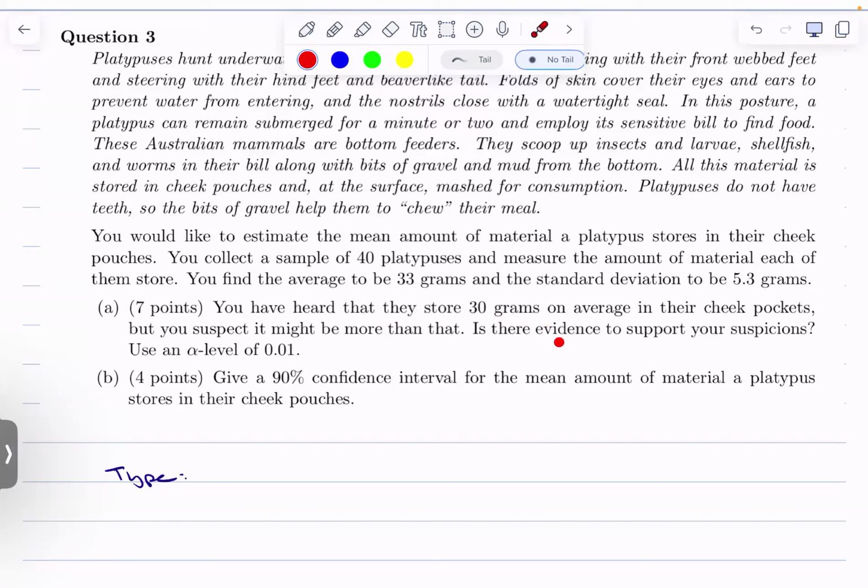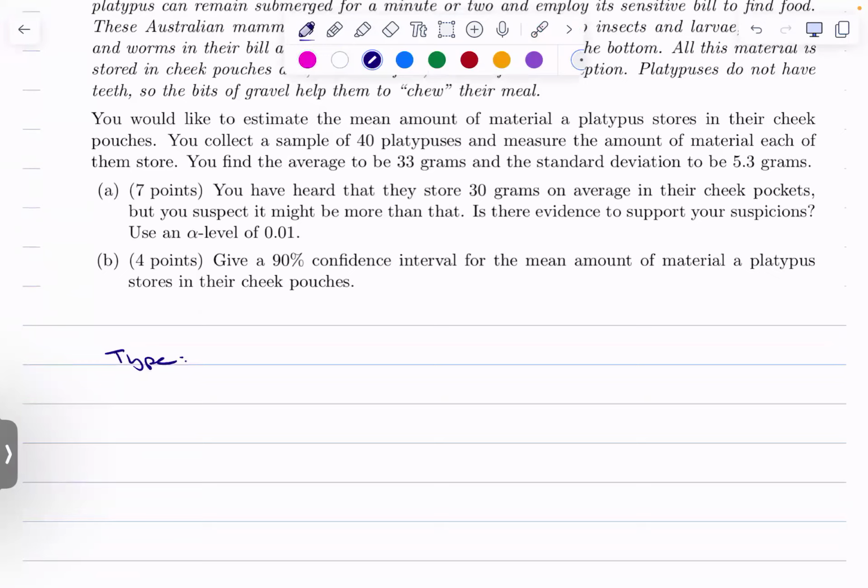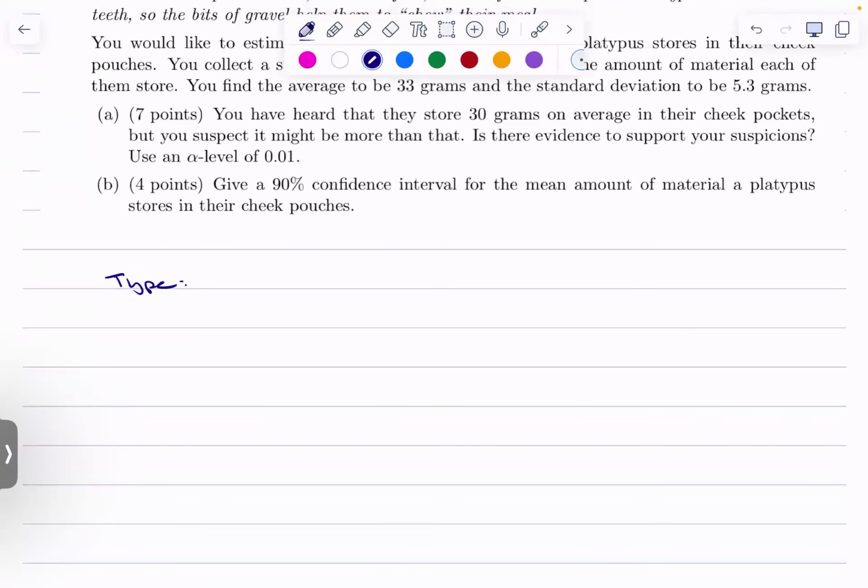Now I have this one sample of 40 platypuses, a mean and a standard deviation for them, and a number that I want to compare them to. All the things that I need for a one sample mean problem, which is what it is.